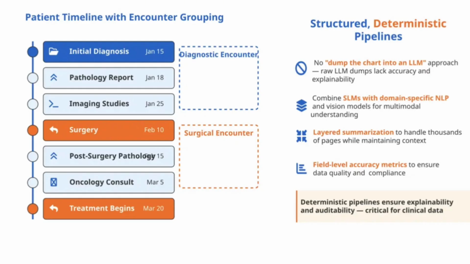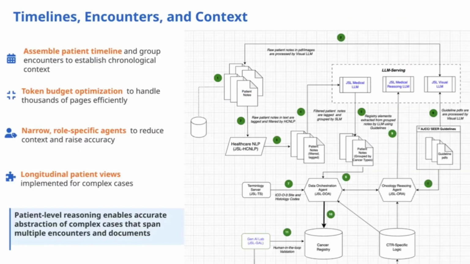To abstract accurately, you need to understand the entire longitudinal view. As I mentioned before, we build a timeline. Our system automatically assembles the patient timeline, groups encounters, and establishes chronological context. By doing so, we optimize the token budget, as I explained before. This process starts with document ingestion and then goes to timeline assembly.